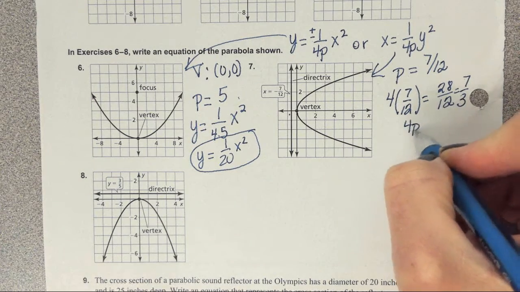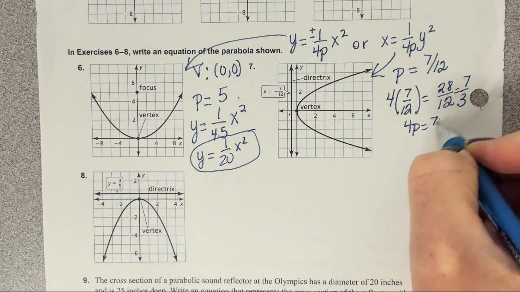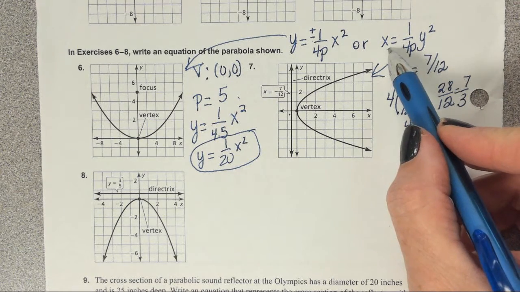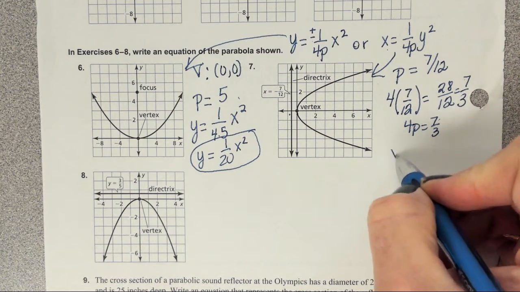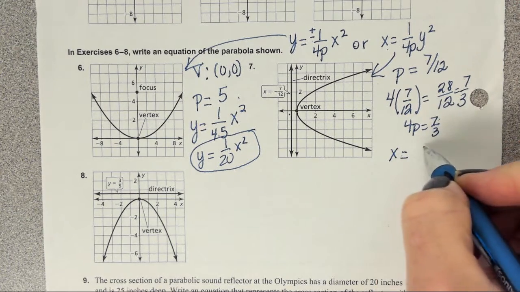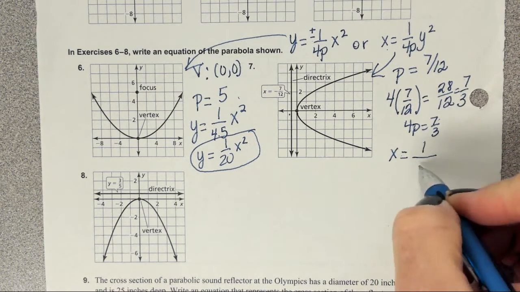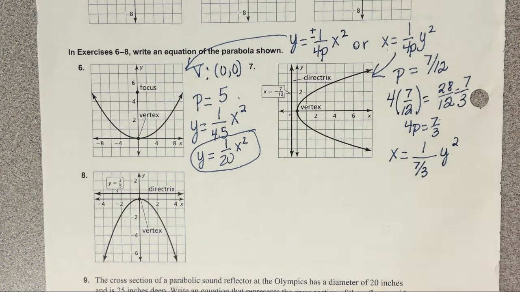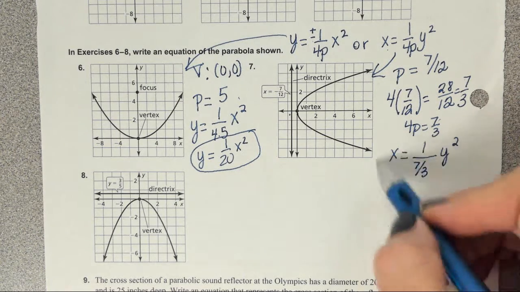So I know the 4p value is 7 thirds because I just multiplied the p value by 4 and I got 7 thirds. So now I have to use this equation, and it's going to be x equals 1 over my 4p y squared. This would be okay.